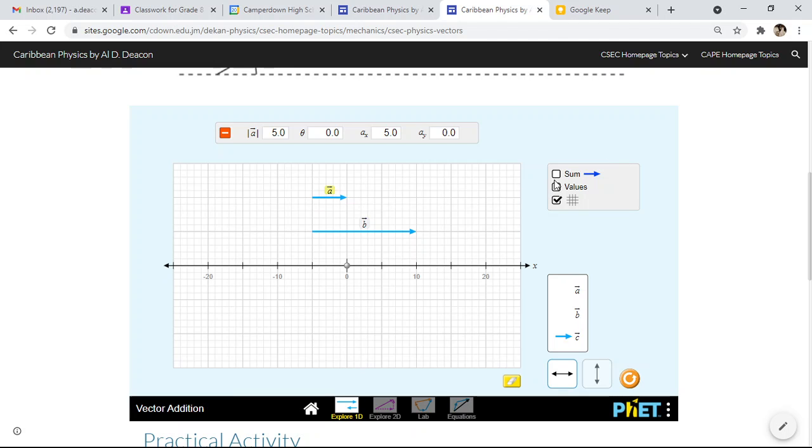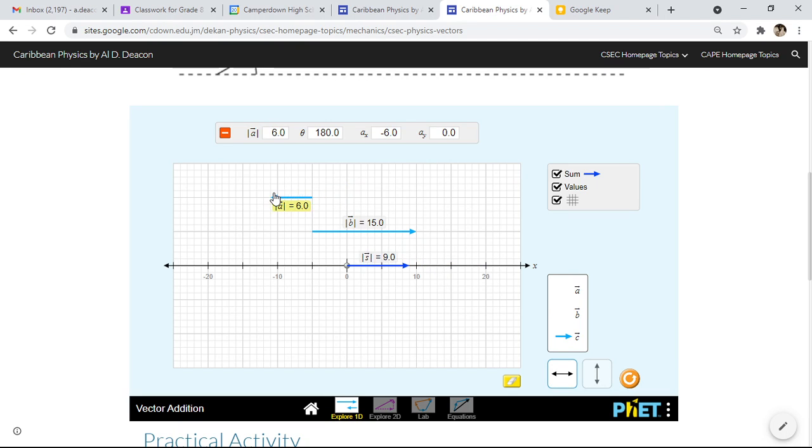Right? You can add them. You had a vector 15 units long going to the east, and another vector 5 units long going to the east. 15 plus 5 gives you 20, right?